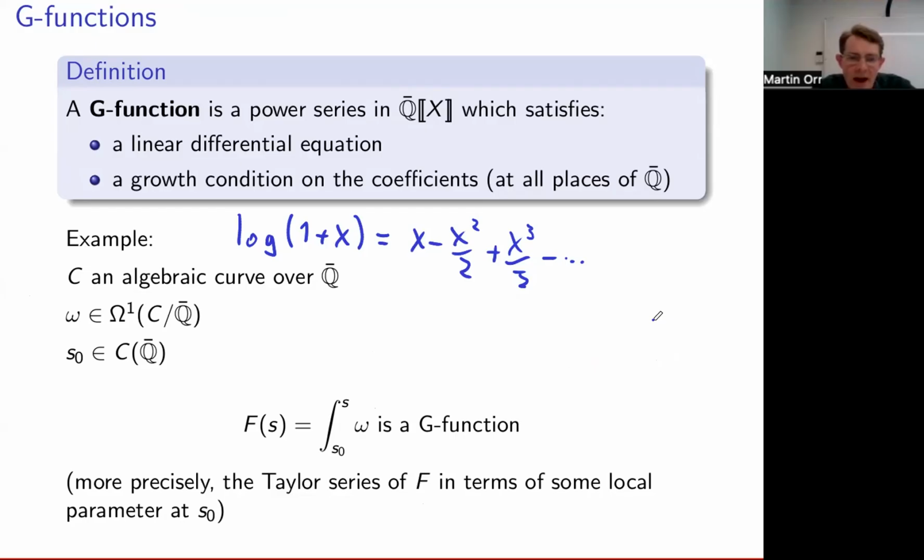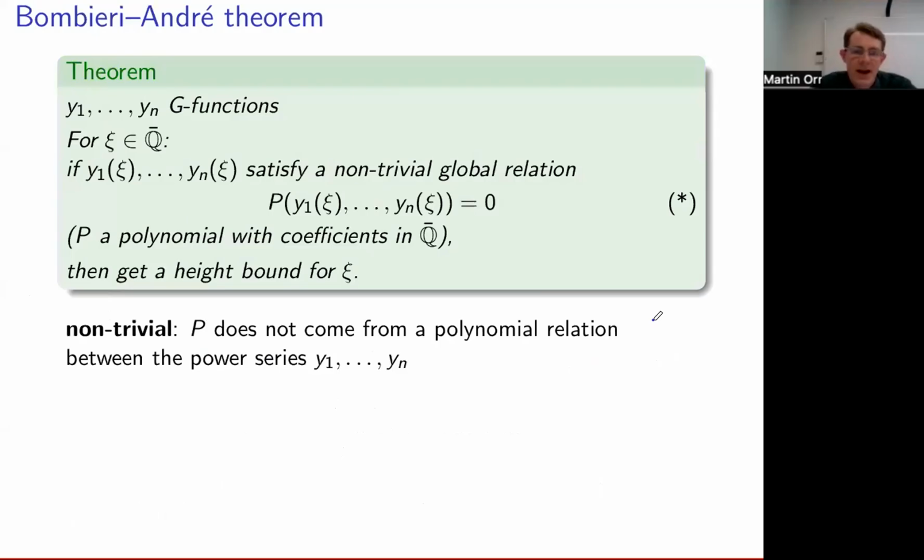Okay, so what can we do with G functions? The main thing is this theorem, which is due to Bombieri with some additions due to André. And so I suppose the way to think about this theorem is we'd like to say something about the transcendence of values of G functions.